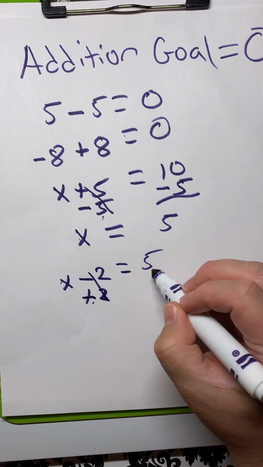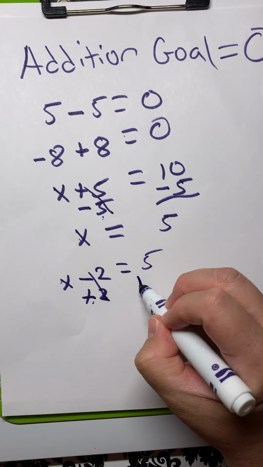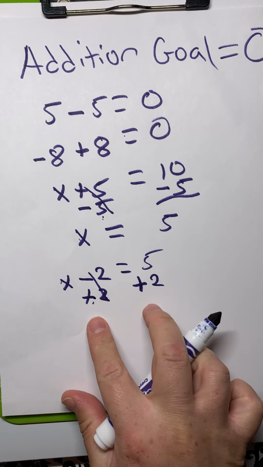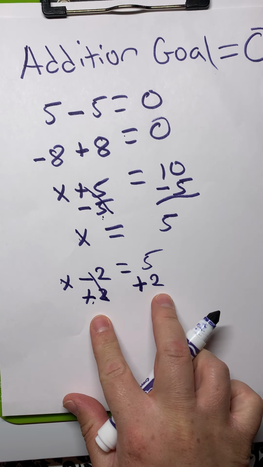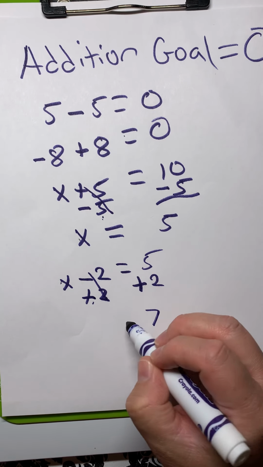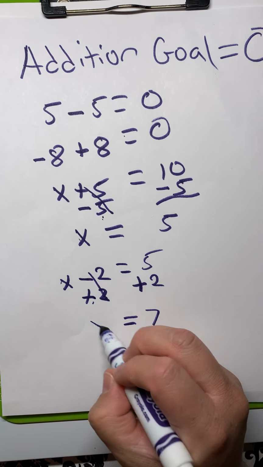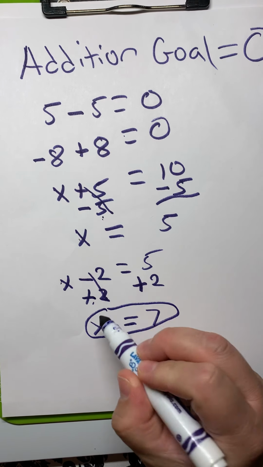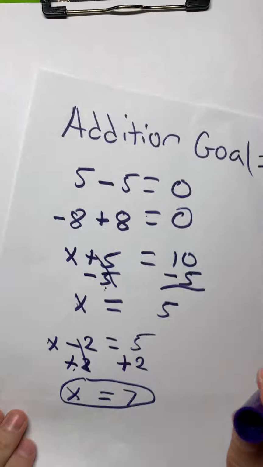That cancels that out. Whatever you do to this side of the equation, you have to do to the other side of the equation. That's where you get this positive 2. Notice you still have the two positive 2's. Here you're left with 5 plus 2 equals 7, and x equals 7. So that whole thing works out as far as that's concerned.